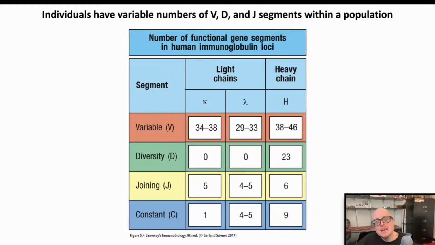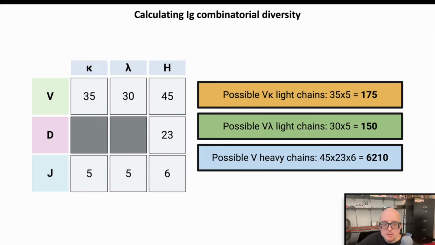So in order to do this math, let's take an example individual. This is one human being who has the following numbers of segments in each of these loci. In the kappa locus, this person has 35 V segments and 5 J segments.